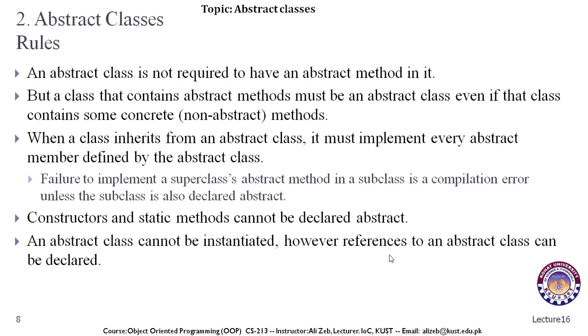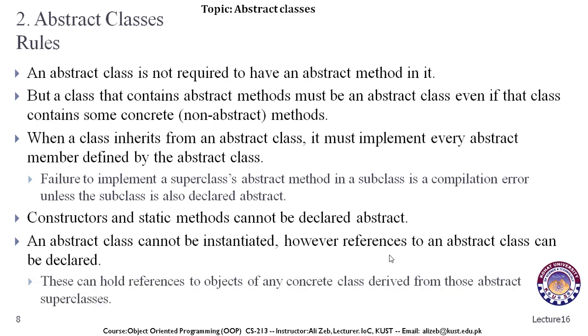We can use it as a data type. These can hold references to objects of any concrete class derived from those abstract superclasses. As we saw in inheritance, you are able to use superclass references to create objects for the subclasses. We will be able to do the same for abstract classes as well.